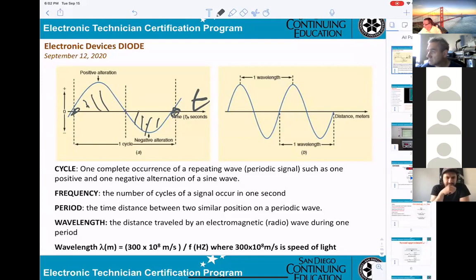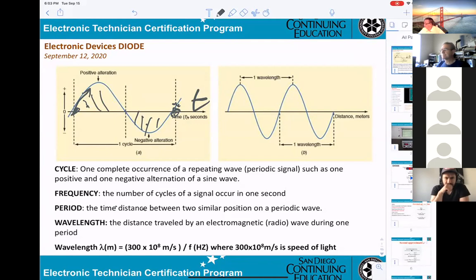Period: the time distance between two similar positions on a periodic wave. That means similar, from here it starts going up, and from here it goes up again. It repeats. That's what we call one cycle or one period.